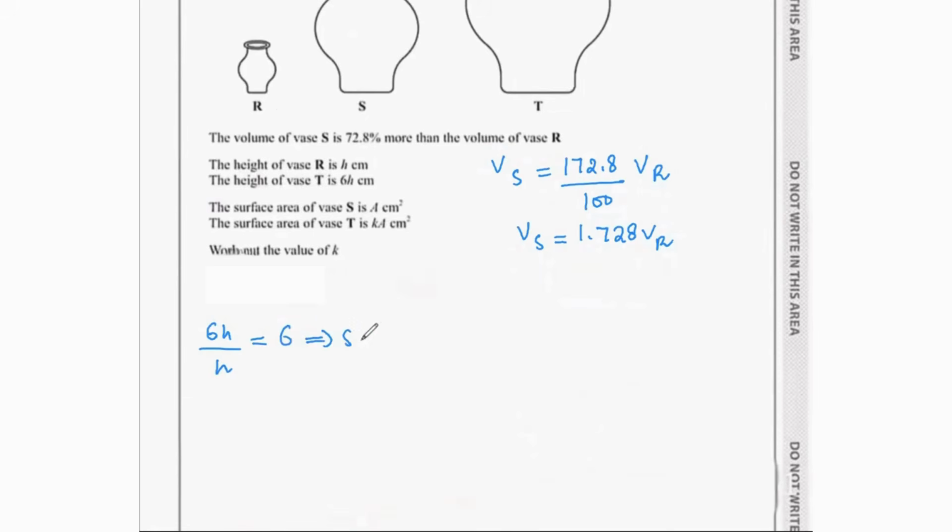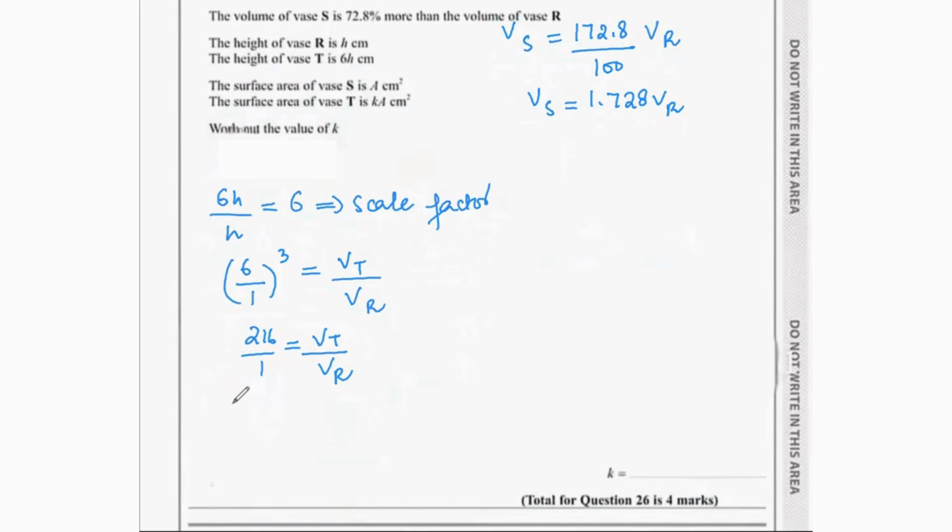So this is our scale factor when we're going from base R to base T. Similarly, using the scale factor to figure out an equation for the volume, we say 6 over 1 whole cube equals the volume of T over the volume of R. Now, 6 cube is 216, so 216 over 1 equals volume of T over volume of R, which means volume of R is equal to volume of T over 216.